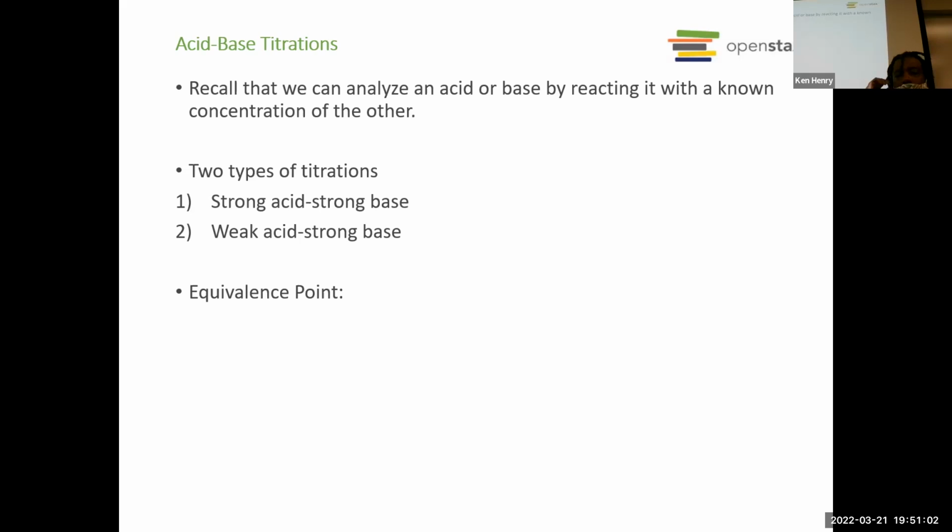Now, the equivalency point. What is the equivalency point? Okay. So if we have a strong acid and strong base, we basically get neutralization, right? So our equivalency point will be 7.